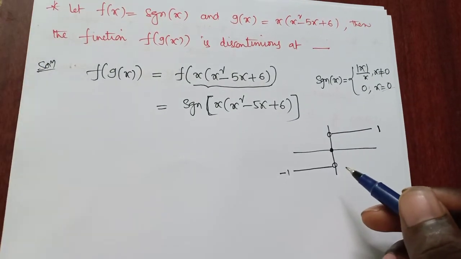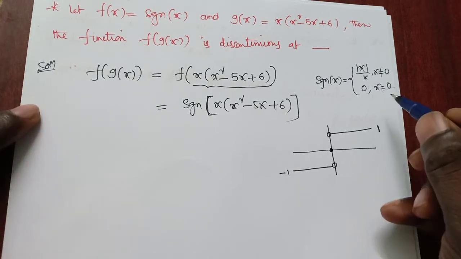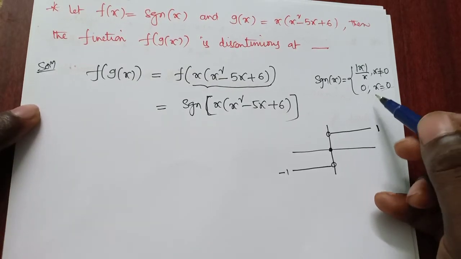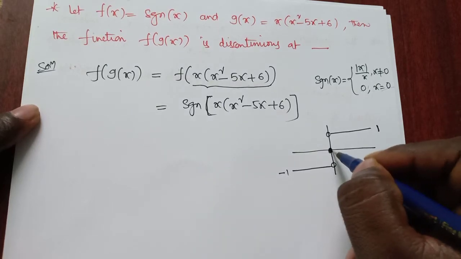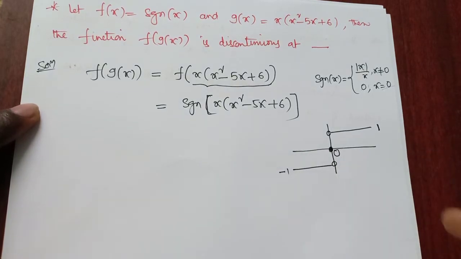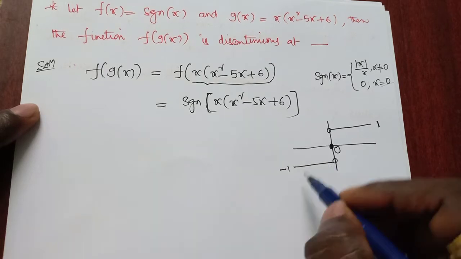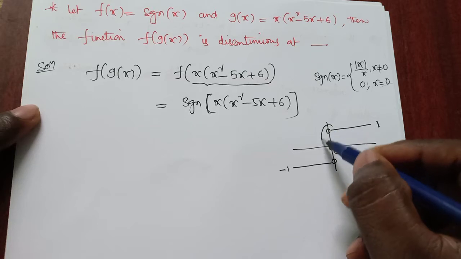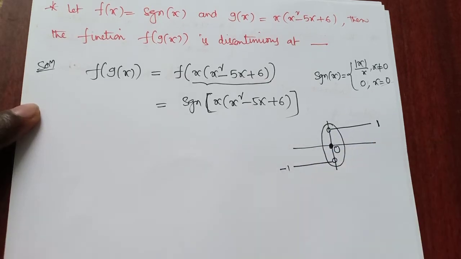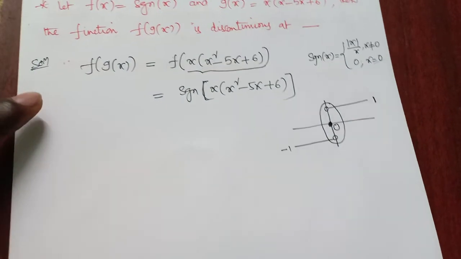So what do we observe? Clearly, where is it discontinuous? At x equal to 0. Because here it is all continuous, and here it is a broken graph. It is discontinuous here.